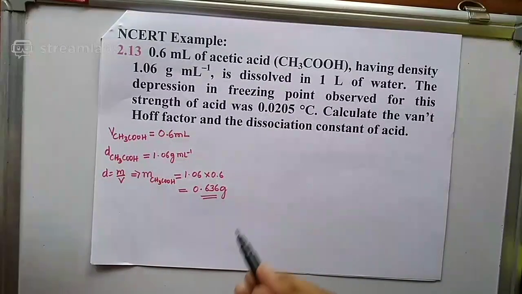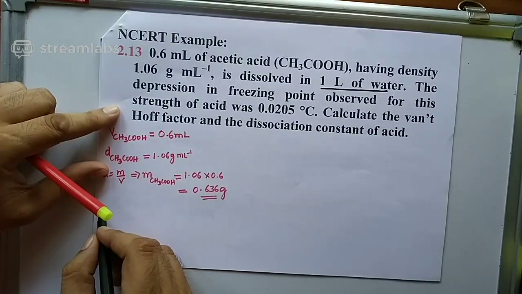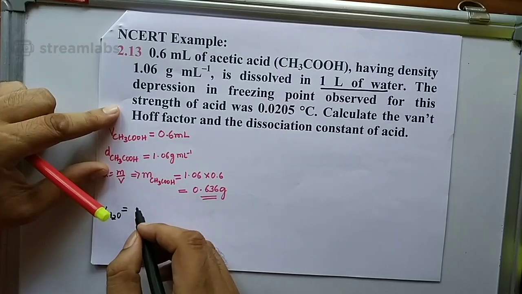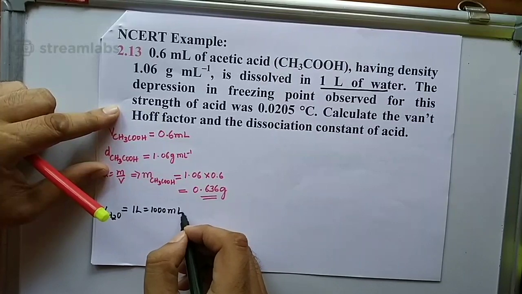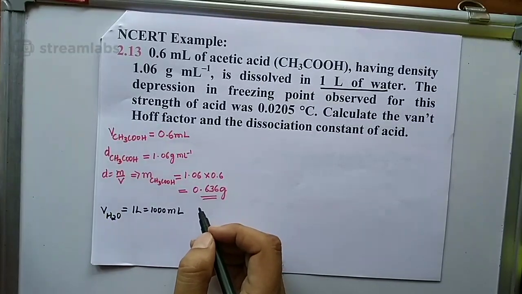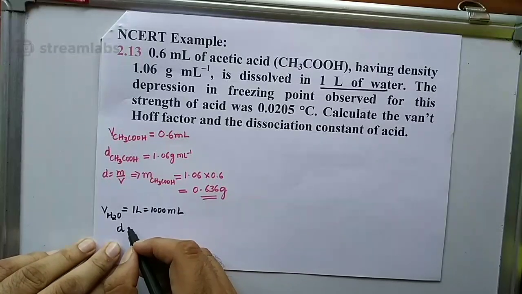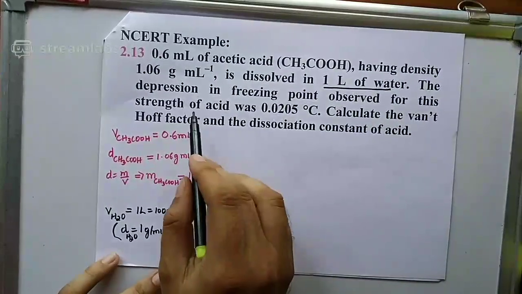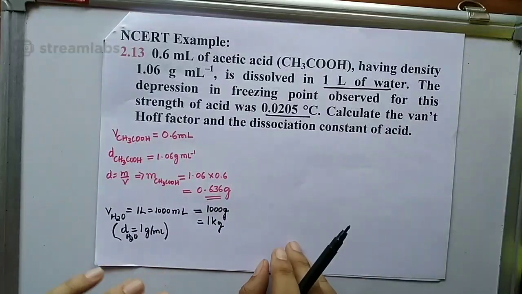And also they have given that this is dissolved in 1 liter of water. So the volume of water is equal to 1 liter, that is equal to 1000 ml. And you should know the density of water, even if it is not given. Now they have given that the depression in the freezing point observed was 0.025 degrees Celsius.